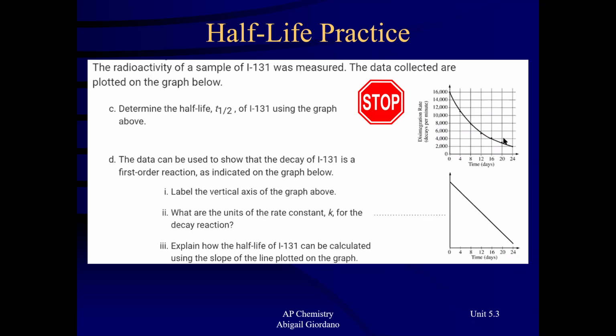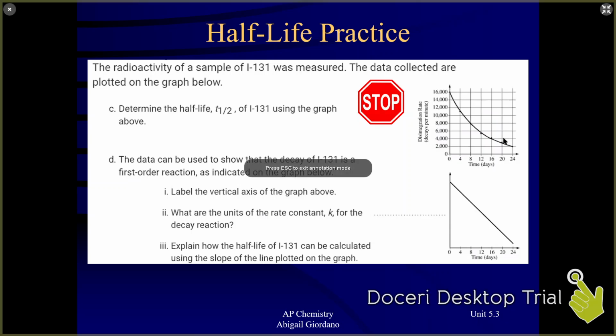So I can see on the graph that we are starting up here with a value of 16,000 decays per minute. Don't worry about if that unit is confusing you, just think that is sort of the initial amount. What is half of 16,000? That would be 8,000. And how long did it take for us to get down to 8,000?